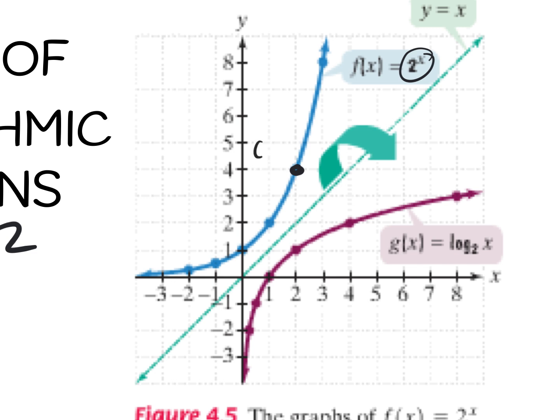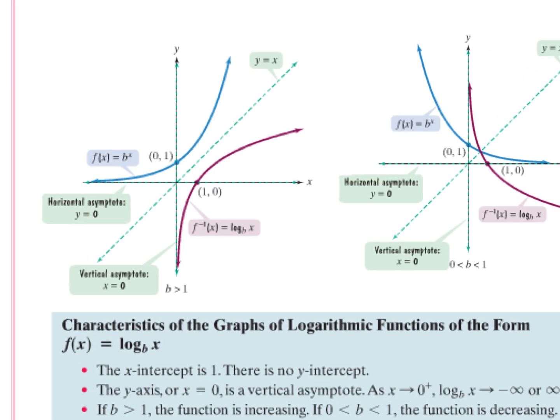This would be 2, 4. We'd have a similar point. The x and y would flip on our log graph, so this would be 4, 2 for the log base 2 of x. So the x's become y's, y's become x. They just flip.